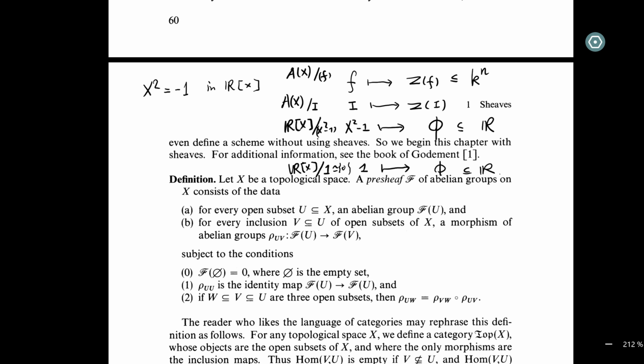But you see, this is not isomorphic to the trivial ring. This is, in the algebraic sense, well defined.